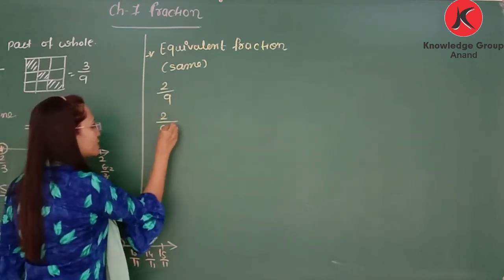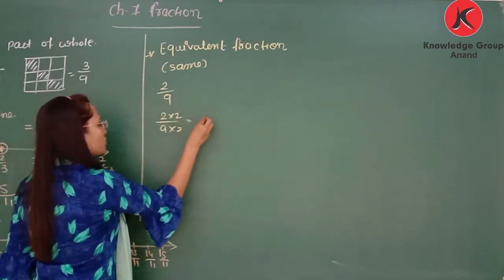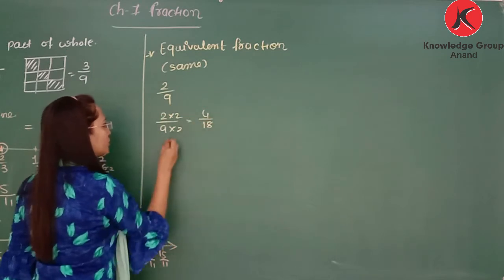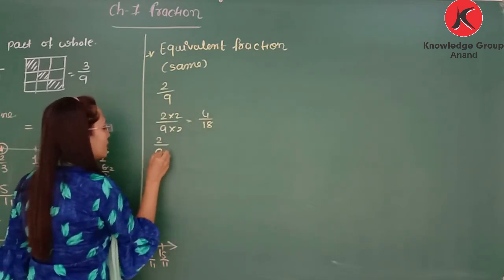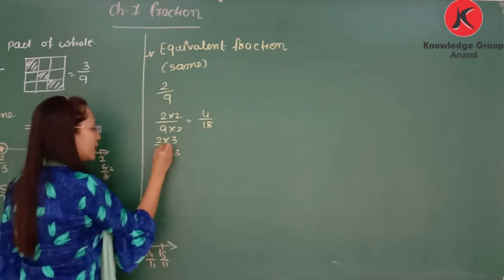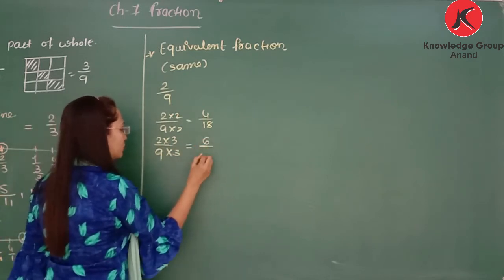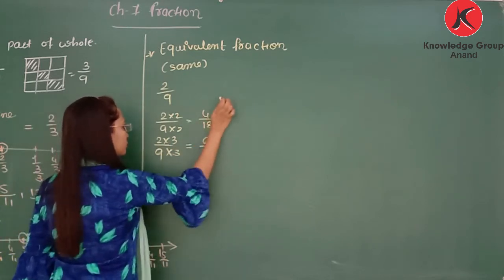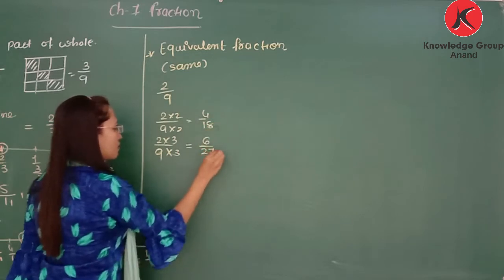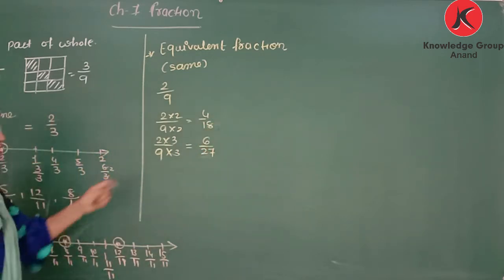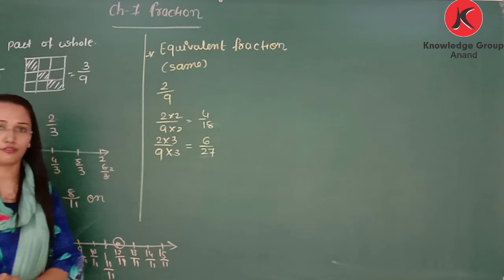So 2 by 9 multiplied with 2 gives 4 by 18. 2 by 9 multiplied with 3 in the numerator and denominator gives 6 by 27. So this is the way these are equivalent fractions.